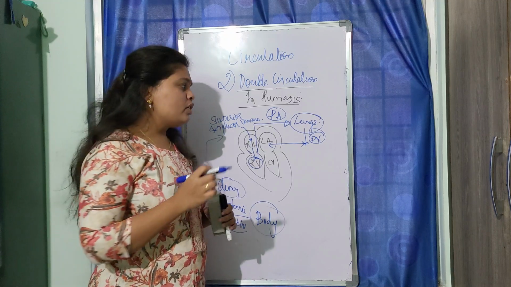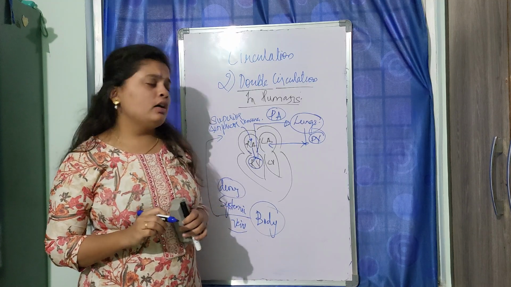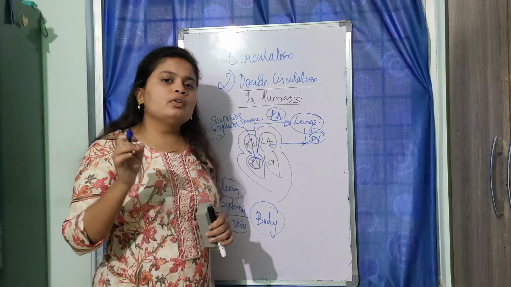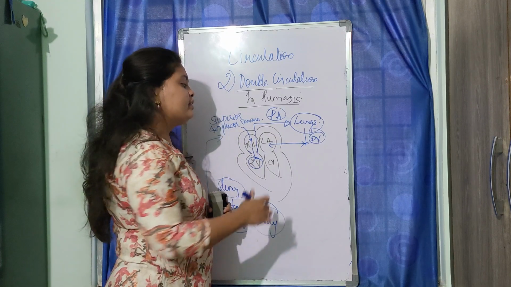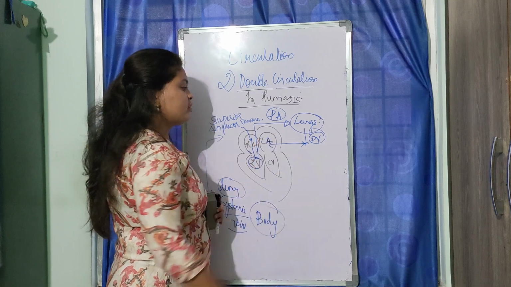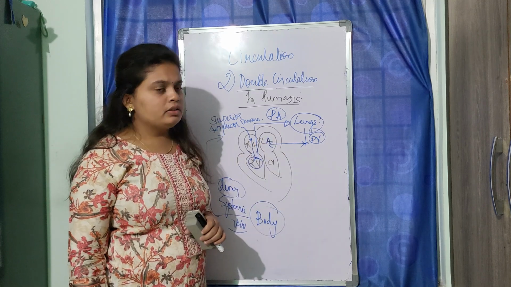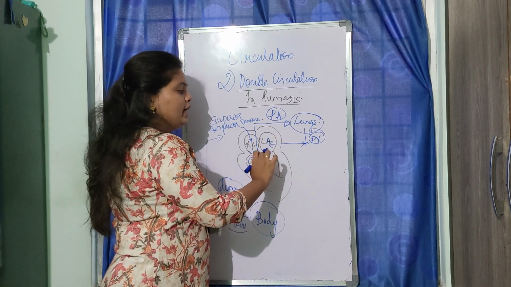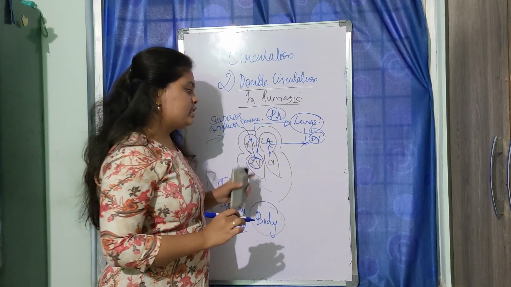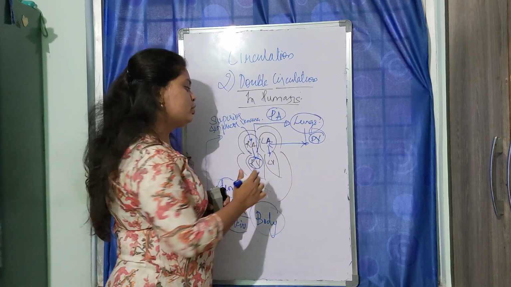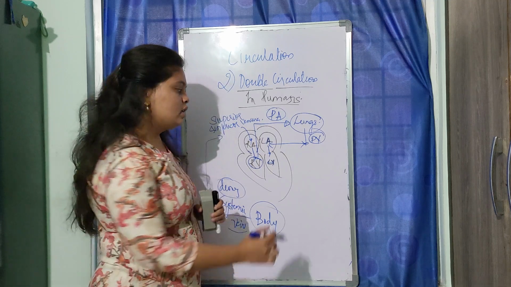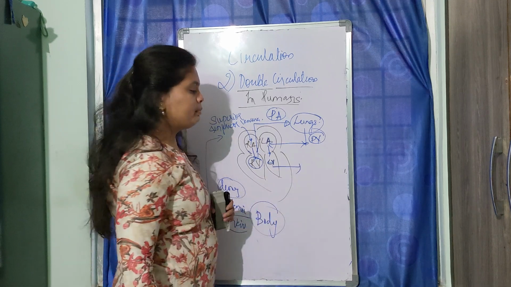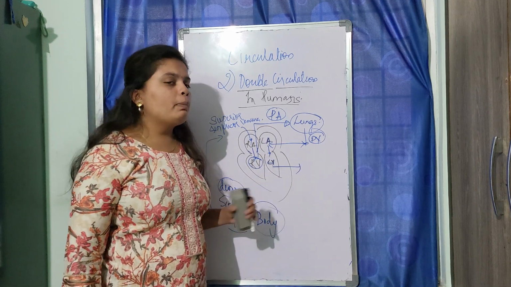All veins carry deoxygenated blood, but pulmonary vein carries the oxygenated blood. And this left part will receive the oxygenated blood. The left atrium will send this oxygenated blood to left ventricle, and this left ventricle is responsible for pumping out blood to all parts of the body.